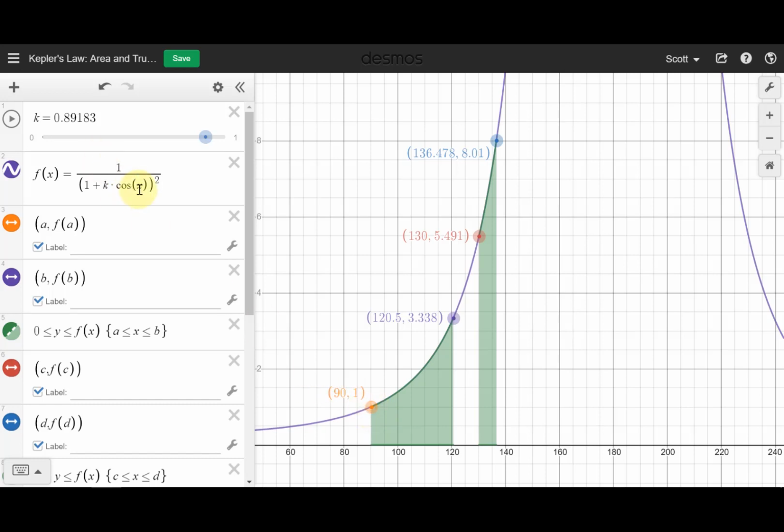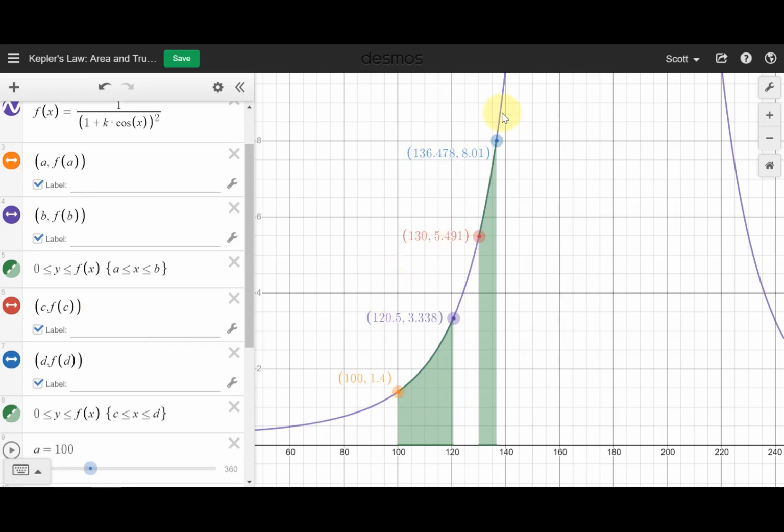Because if you put 90 in for the angle, the cosine of 90 is 0, so you have eccentricity times 0, so just 1 over 1, so you get a value of 1 at 90. But we're actually going to start this interval at 100, where the value of the function is 1.4. Just this function. It's not the actual r value, it's just the part that I need to check for the area. So I label those 2 points and have it shade this interval right here, and I get this point C and D that I'll do the same.